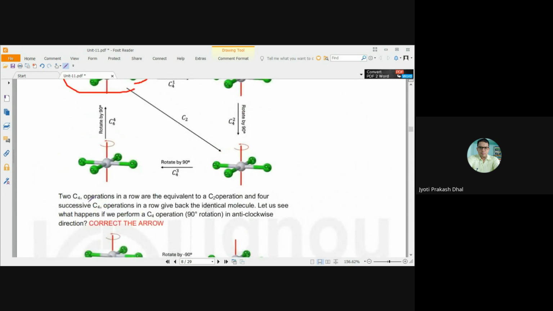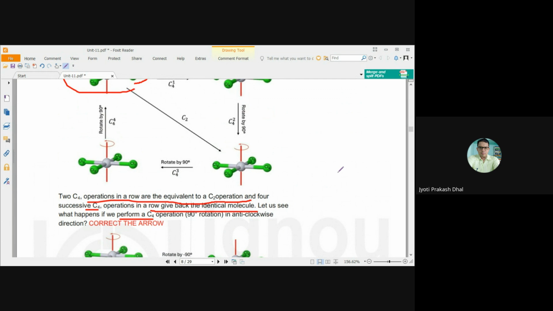Here two C4 operations in a row are equivalent to a C2 operation, and four successive C4 operations in a row give back the identical molecule. Now let us see what happens if we perform a C4 operation.